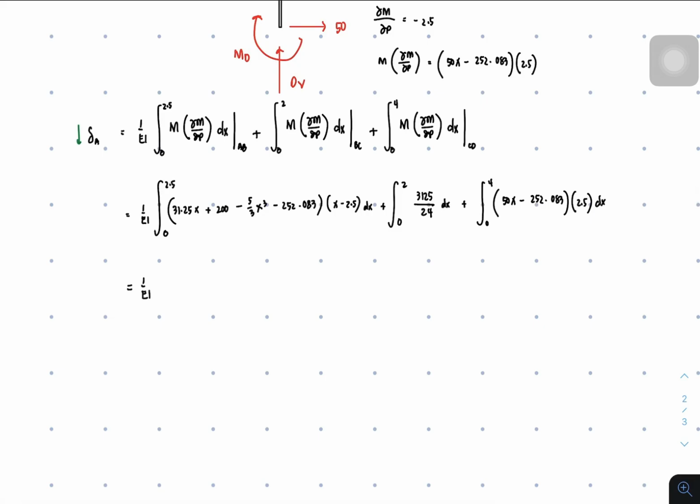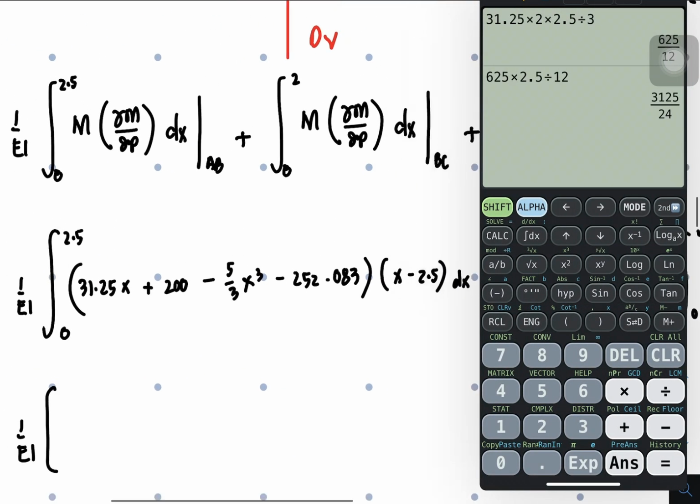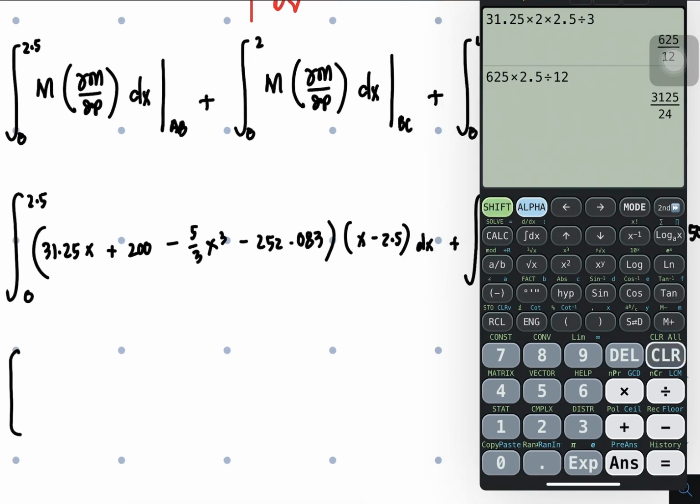So let's get now the 1 over EI of the first integral. That's 31.25x plus 200 and negative 252.